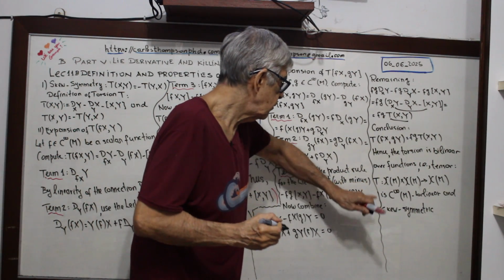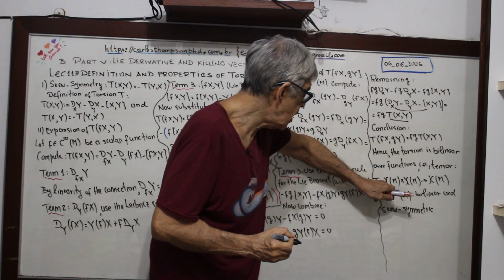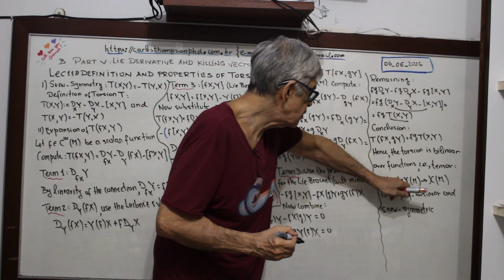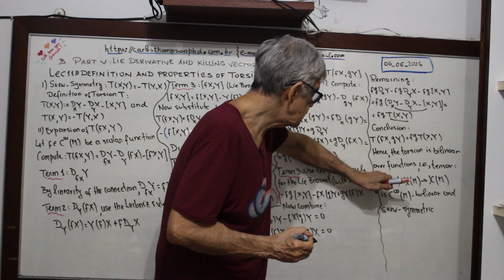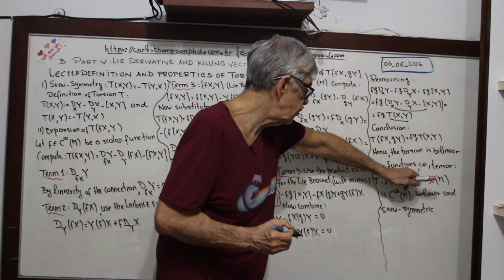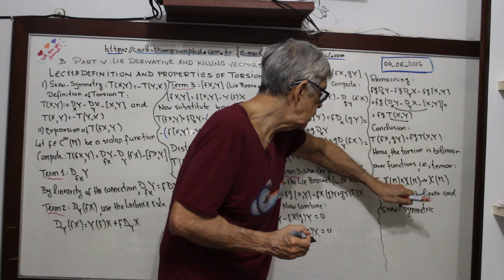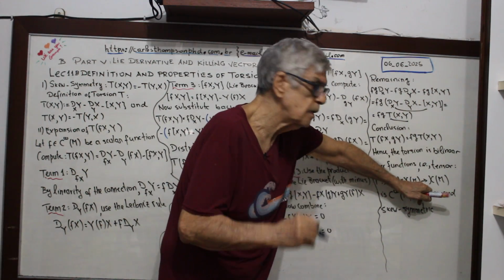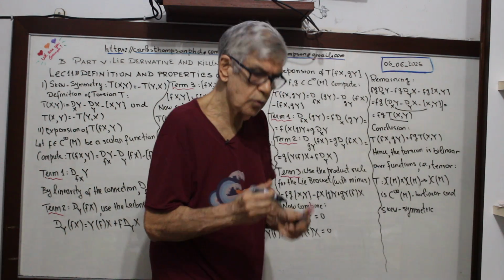So again, this is χ(M) times χ(M), the space of vector fields, which is mapped into one vector field.